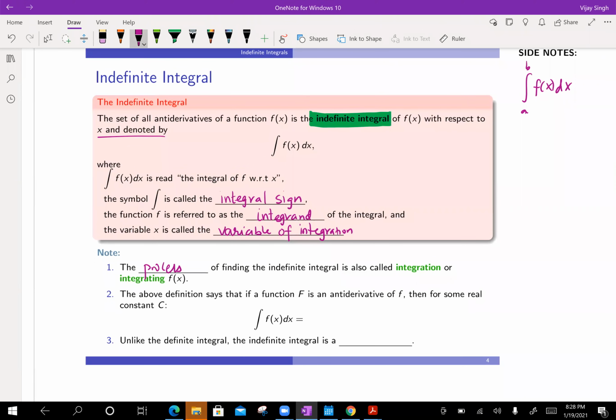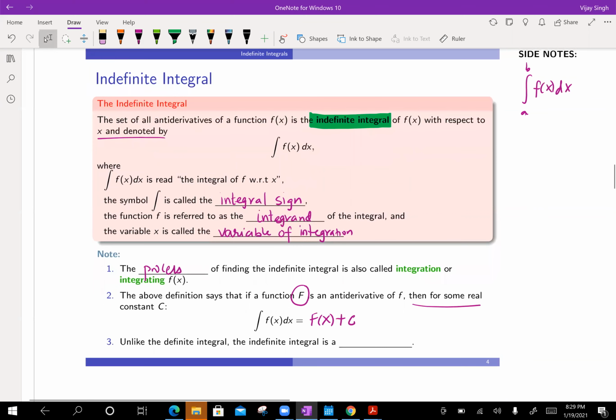The definition also says that if F of x is an antiderivative, then for all c, the integral of f of x is capital F of x plus c.